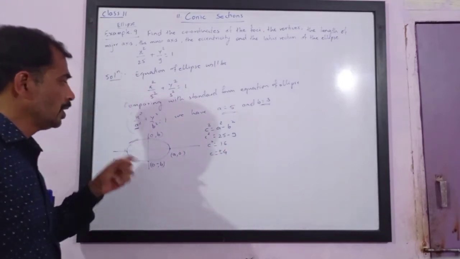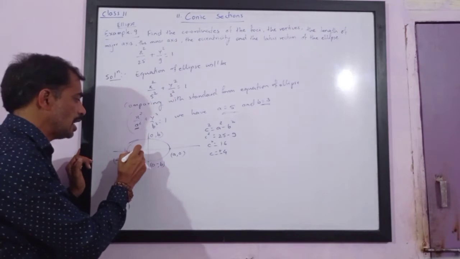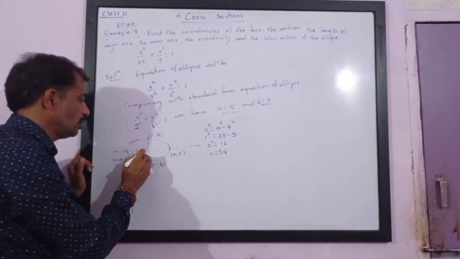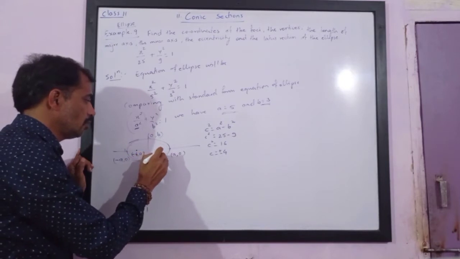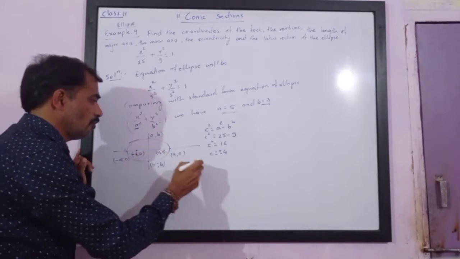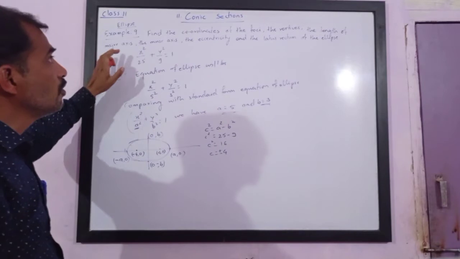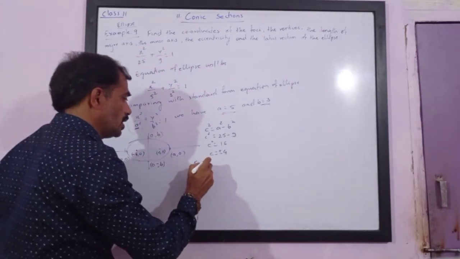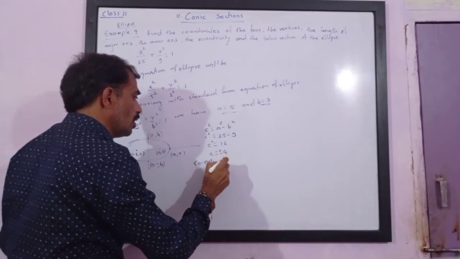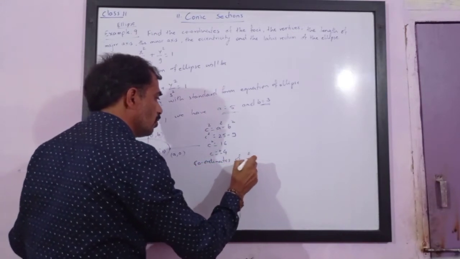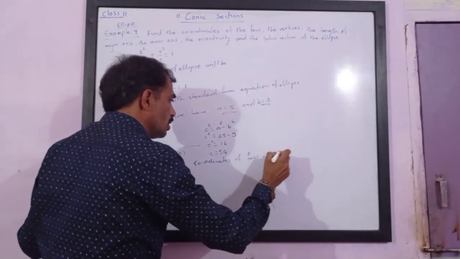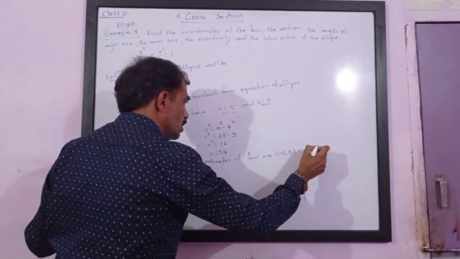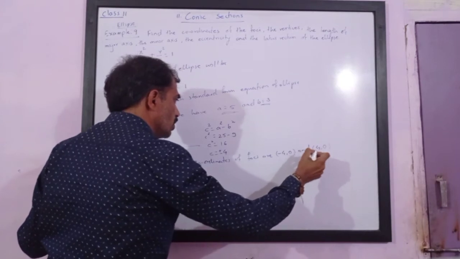So the foci are at minus 4, 0 and 4, 0. So the coordinates of foci are minus 4, 0 and 4, 0.